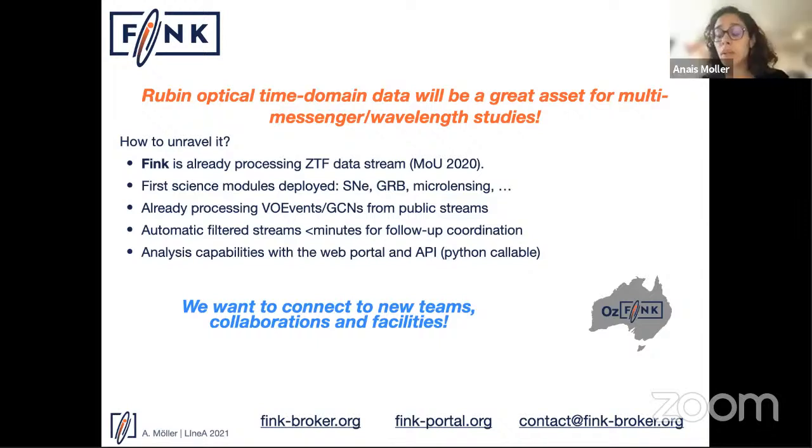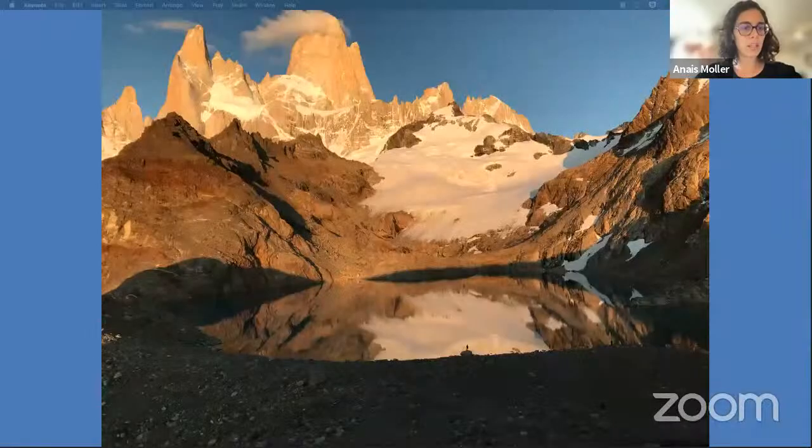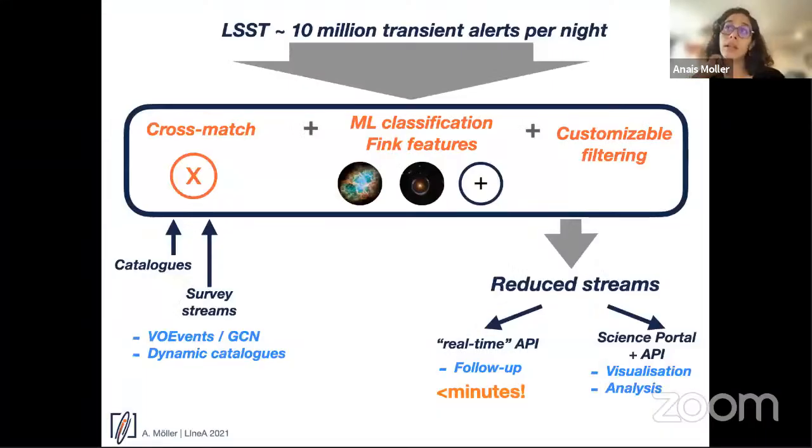Yeah, so there are two ways that you can do this. Let me go back to the slide. When we do the customizable filtering here on the top right, you can design a filter that is included in Fink, and you can access whatever you want.